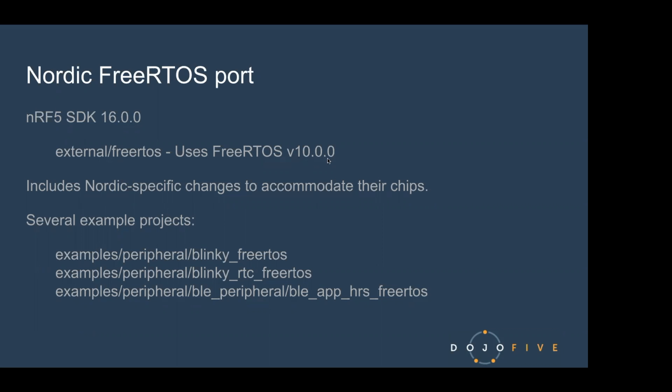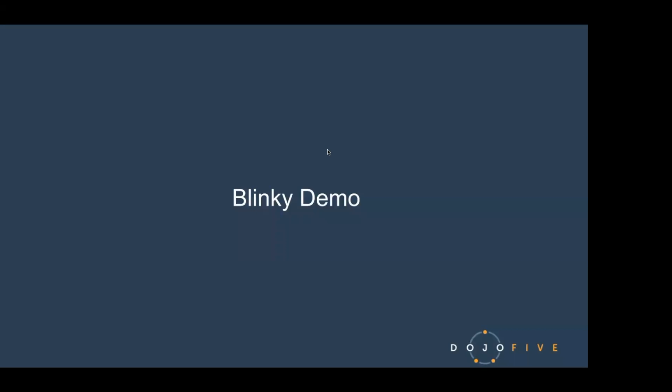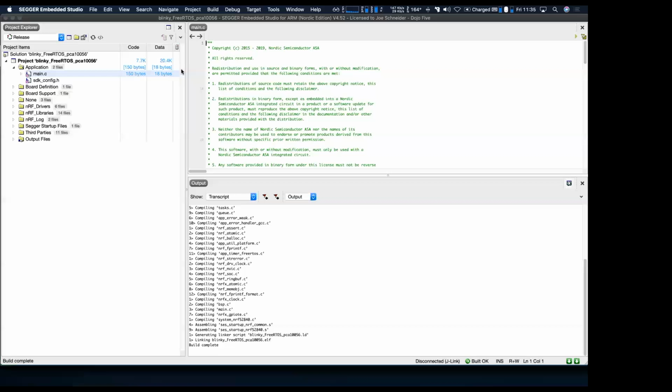It's based on FreeRTOS 10. They have made a few changes to it to accommodate the Nordic chips. And there are several examples that we're going to run today to show how you might incorporate FreeRTOS into a design and what that looks like. All right, so let's jump to the Blinky demo.